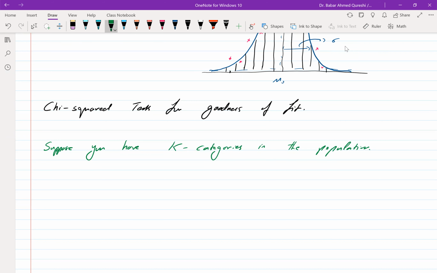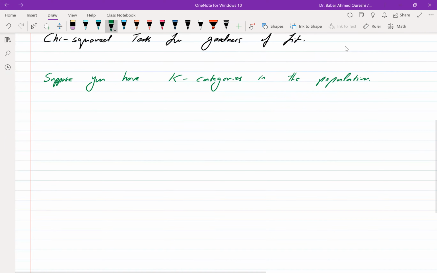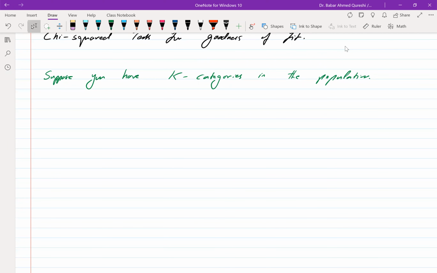And based on that, you make some observations. So for example, you have these categories 1, 2, 3, 4, up to k. And you have assumed a probability for each category to occur.